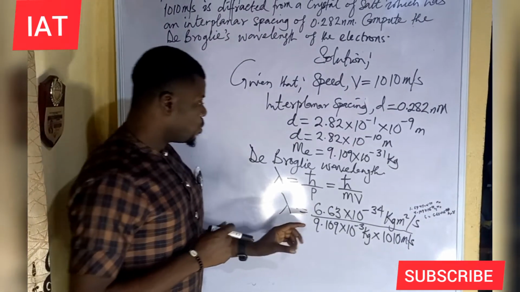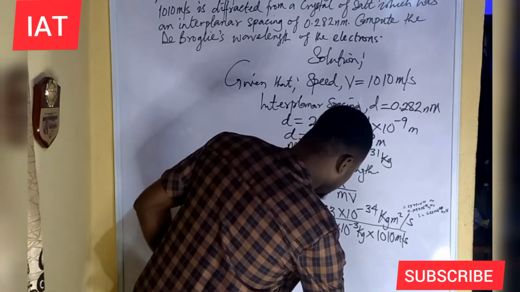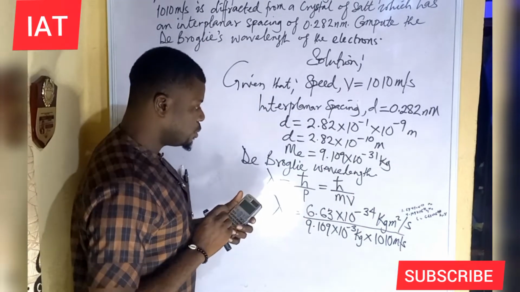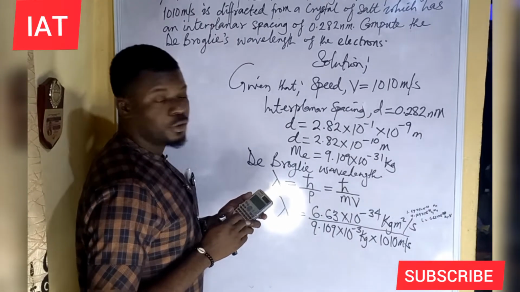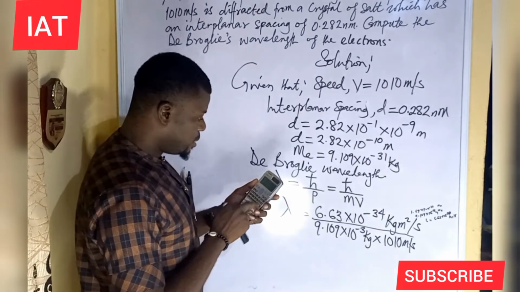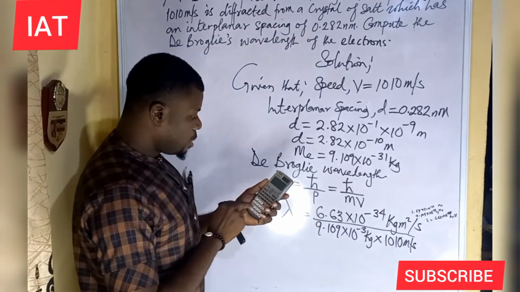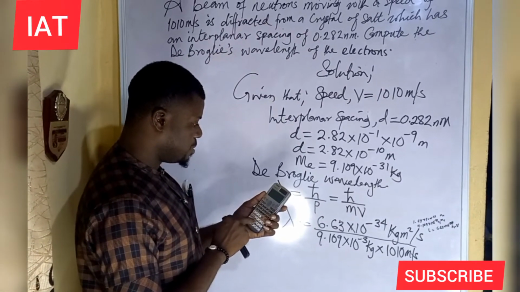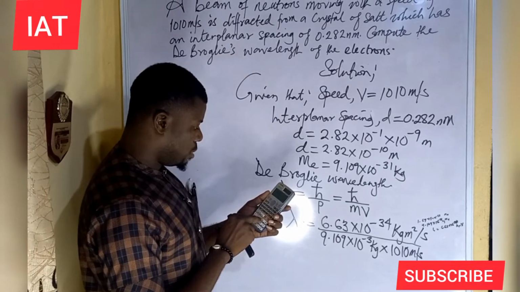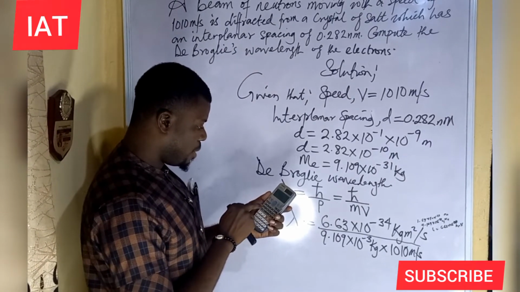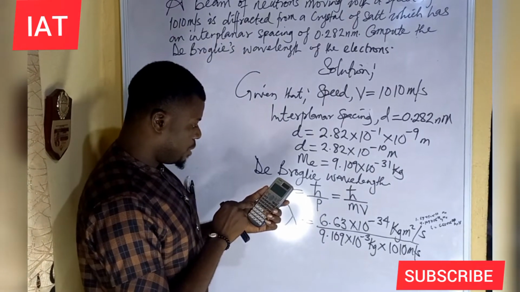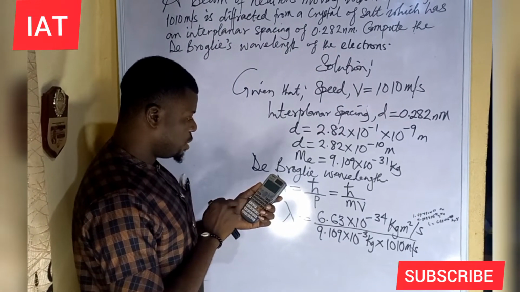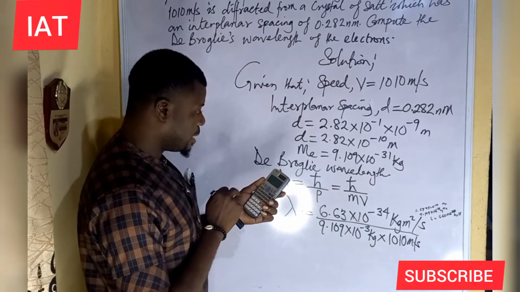All right, so at this point, let's punch in all these values on our calculator and see the value of the wavelength. The first thing we're going to do is to take 6.63 times 10 to the power of minus 34, which is the value of Planck's constant.